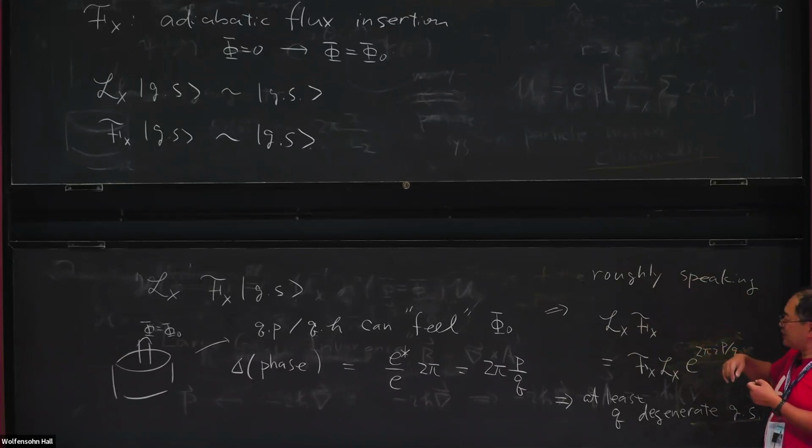And also I should say that this relation is limited to the ground state subspace of the entire Hilbert space. So actually, this is not an operator identity. You need to project this down to the ground state subspace. Then this should hold.